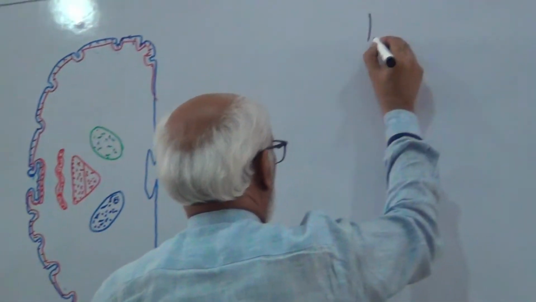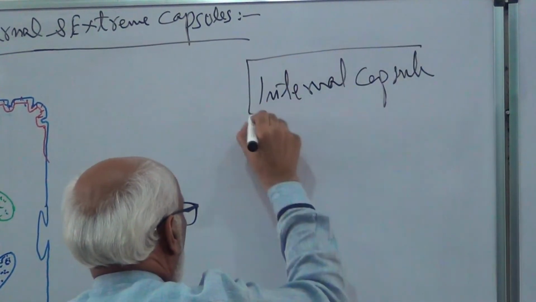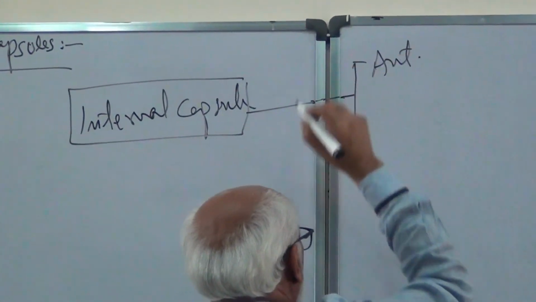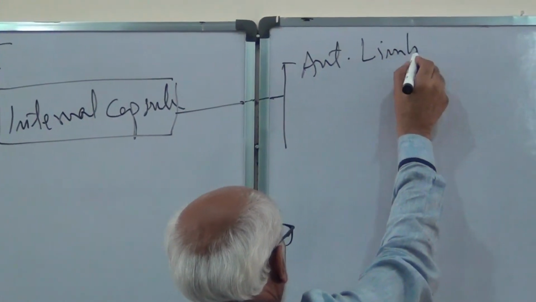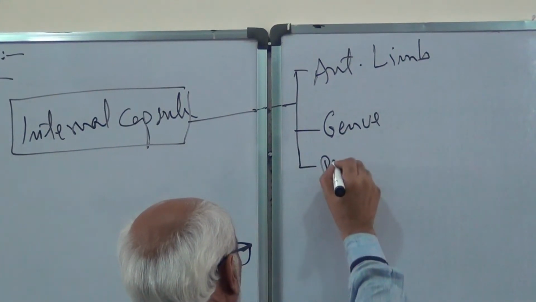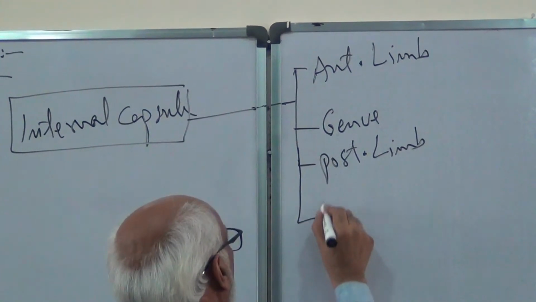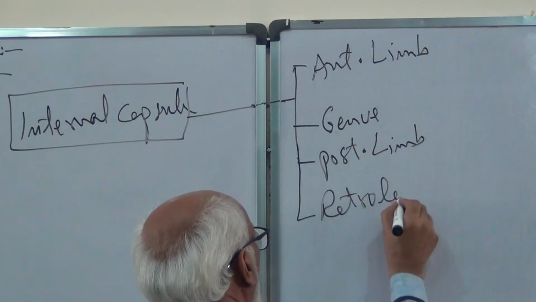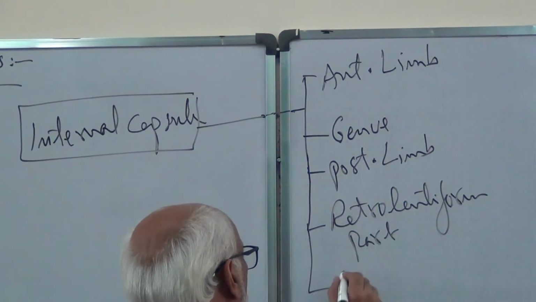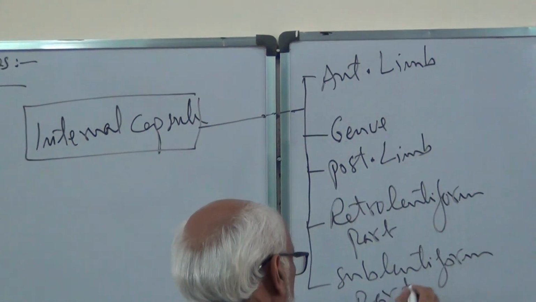Now the internal capsule comprises different parts: anterior limb, genu, posterior limb, retrolentiform part, and sublentiform part of the internal capsule.